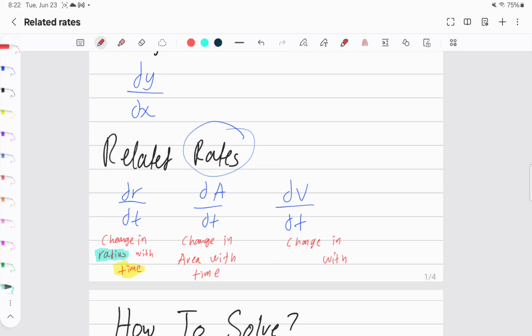And if you see V, it could be volume, velocity, or anything. You can just say it's going to be change in volume with respect to time. One thing to notice, in related rates, every area, volume, radius, everything is differentiated with respect to time. That's one thing which is involved in related rates.